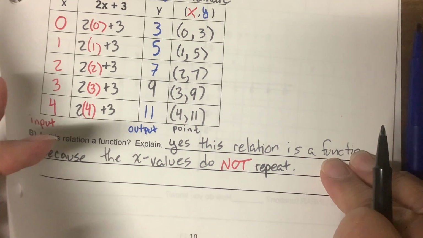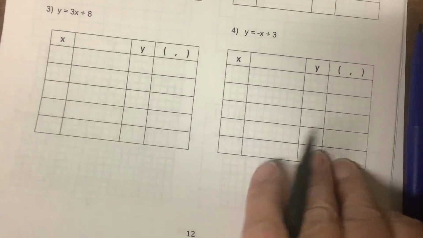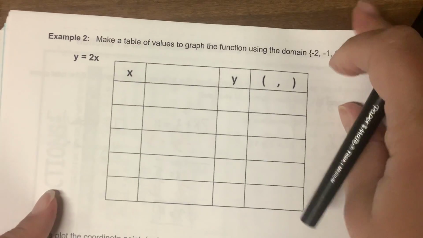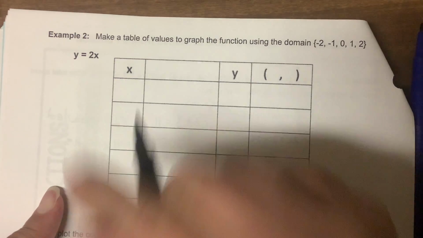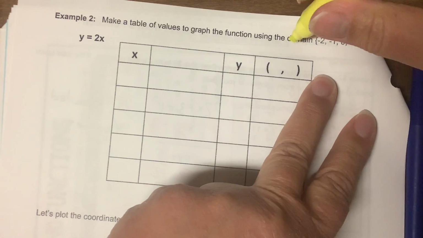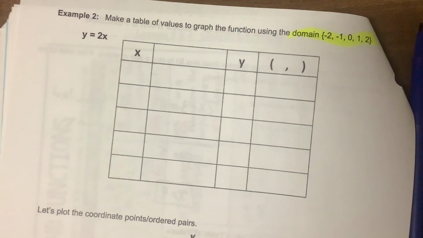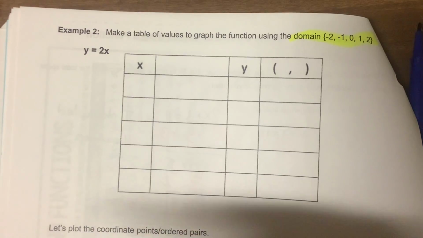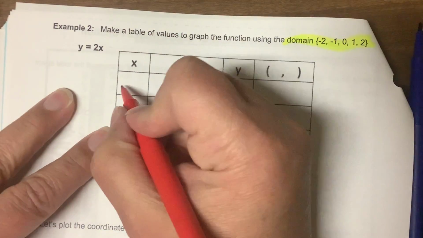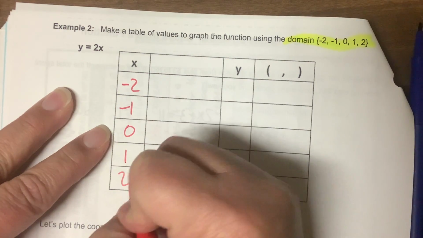All right, next page. Come on, Bono, here we go. Oh, look at that. Now for me, this is easier. Why is that? Because they gave me the domain. So up here, that's my domain. So I know what to put in this first column. I'm going to put -2, -1, 0, 1, 2.